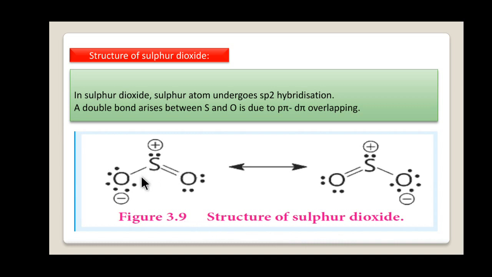The structure of sulfur dioxide: valence electrons of oxygen 6, valence electrons of sulfur 6. Already we know how to draw the Lewis dot structure. Count the total number of electrons and draw single bonds; the least electronegative atom is the center.